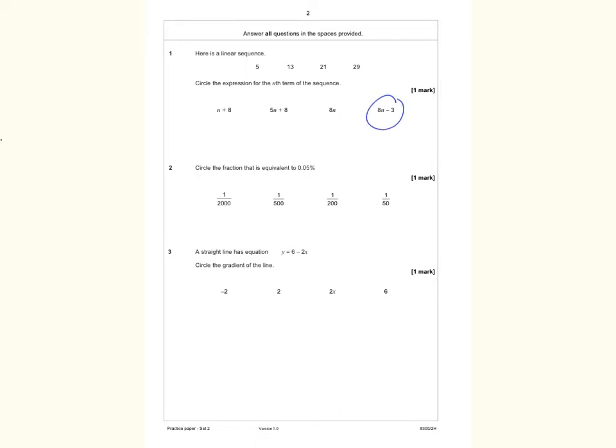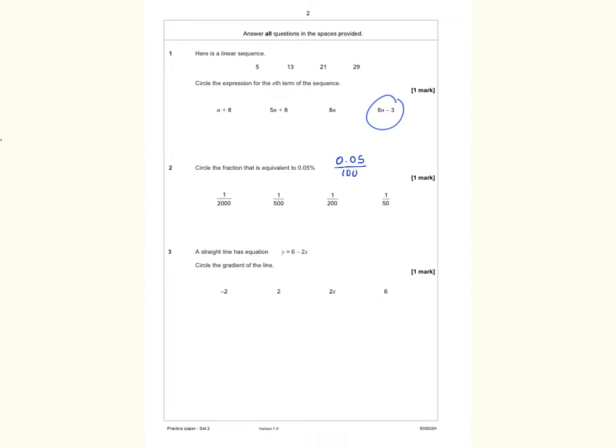Now question number 2, we have circle the fraction that is equivalent to 0.05%. Now you should have an idea of which one it is, and you should know that 5% is actually 1 over 20. Okay, so it looks like it's going to be one of these two. Also you should know that 0.05% is the same as 0.05 over 100.